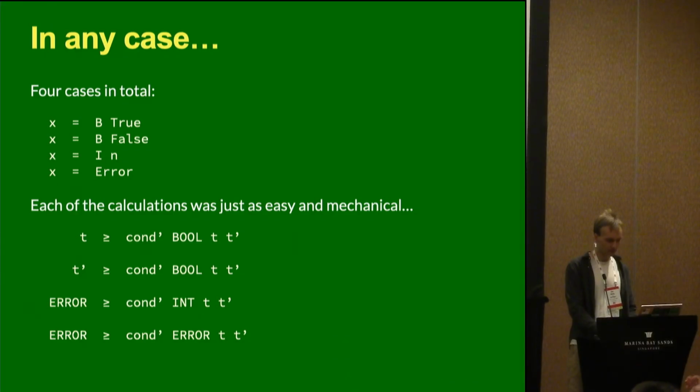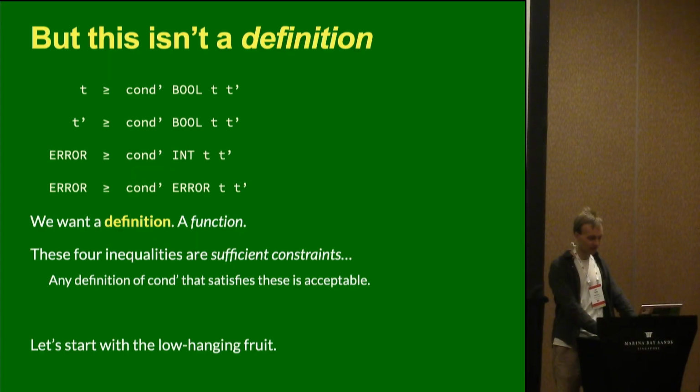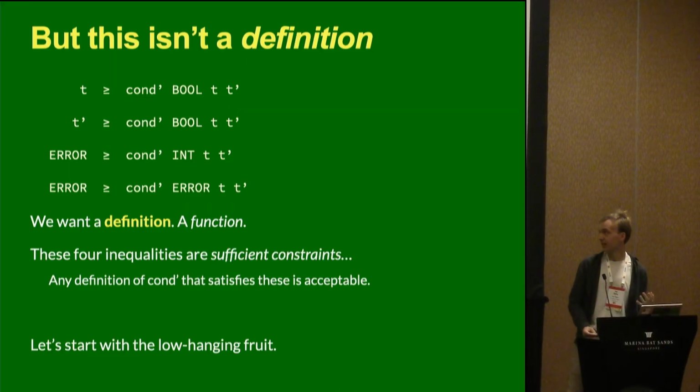So what we're left with is 4 inequalities. We still don't have a definition, but it's looking a lot closer to one, perhaps. And actually, these are sufficient, right? Again, if we can write down a definition of const prime that satisfies these constraints, we have a definition of const prime.